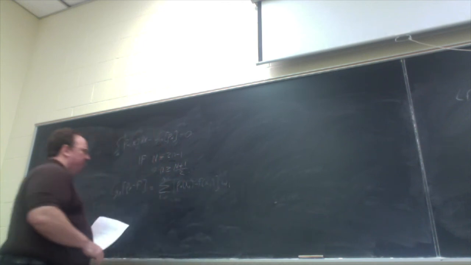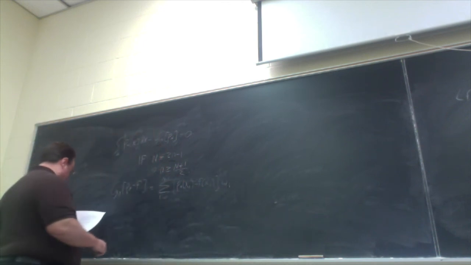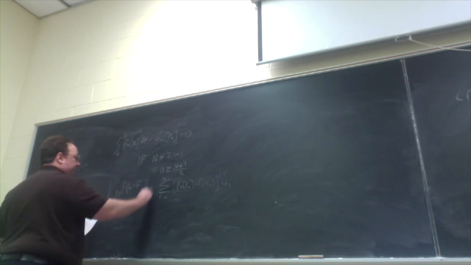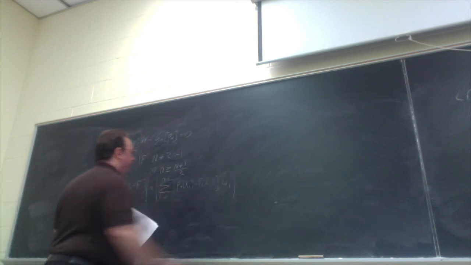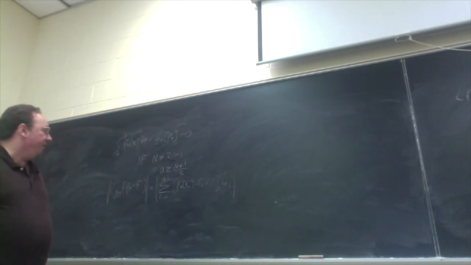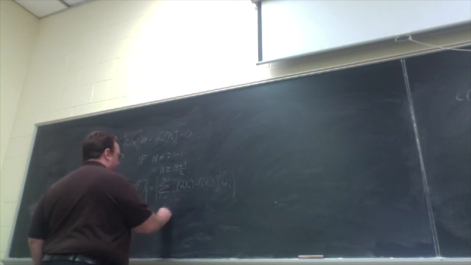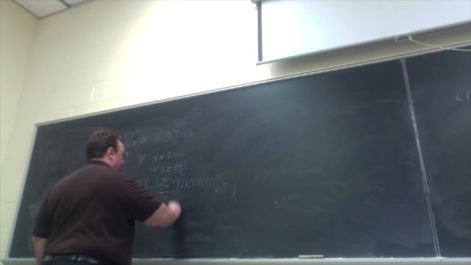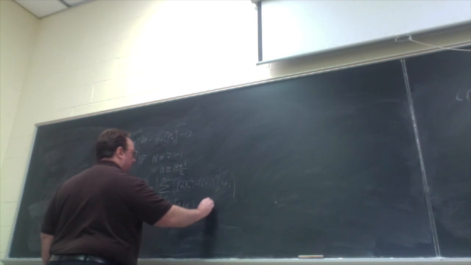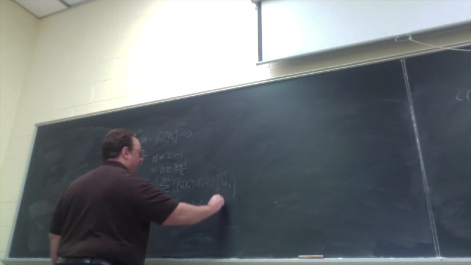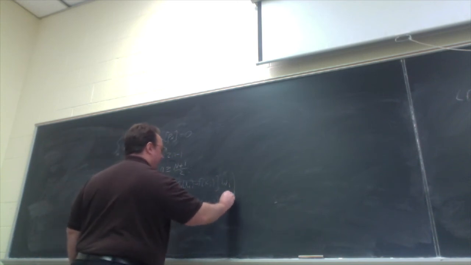Now, I actually want absolute values for all this. By triangle inequality, this is less than or equal to the sum of the absolute value of this times the absolute value of the weight.